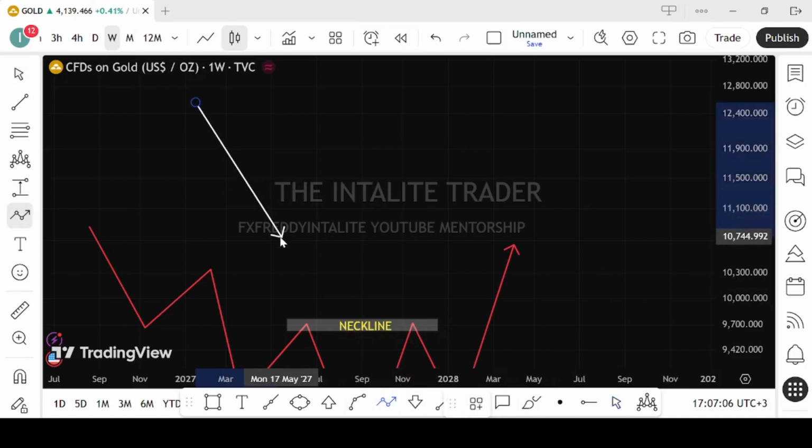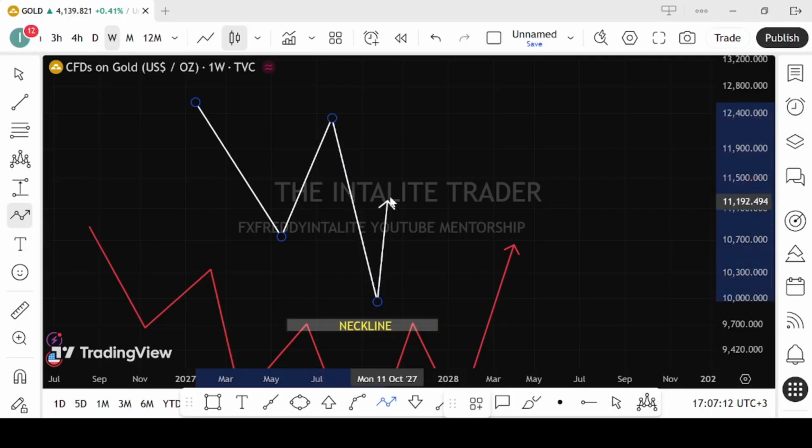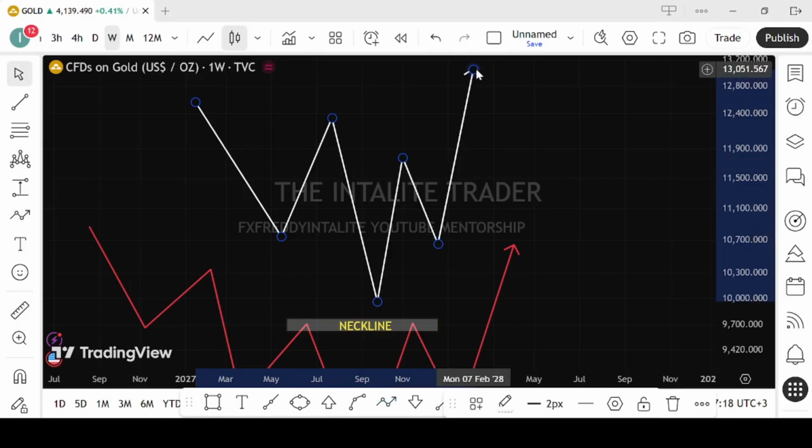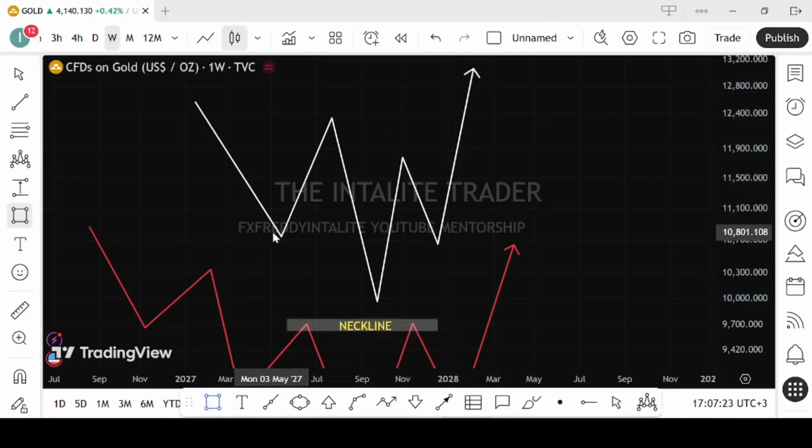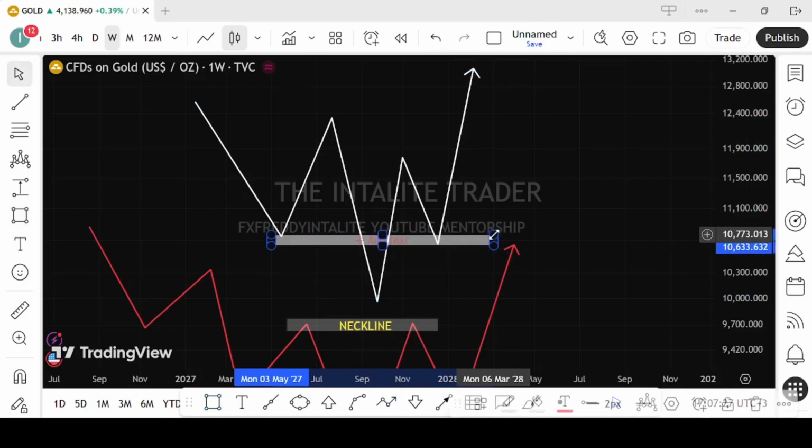You can have price gives you this, it comes, gives you a low, then it comes, it gives you this, and then it breaks above. This is also imperfect because the target is price either respects the same head and shoulder spots or key levels.